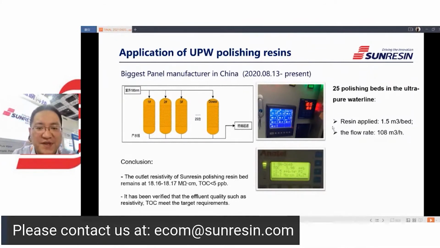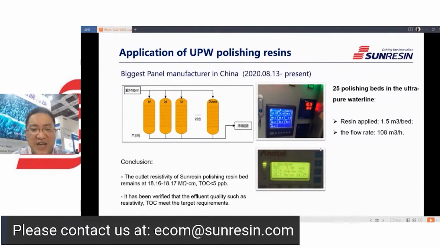From the picture, you can see that after treatment by our UPS resin, the TOC of the outlet water can reach as low as 3.9 ppb. The outlet resistivity of the Sunresin polishing resin bed remains at 18.16 to 18.70 megohm centimeter, and TOC can be below 5 ppb. It has been verified that the effluent quality, such as resistivity and TOC, meets the target requirements.